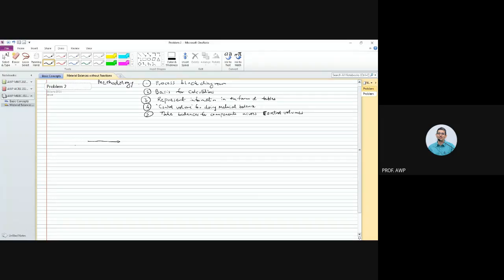So we have an aqueous solution containing 5 weight percent P. We would like to concentrate this solution so that the concentration of P goes up. We would like to concentrate the solution to 50 weight percent P, aqueous solution. So how would we do this?